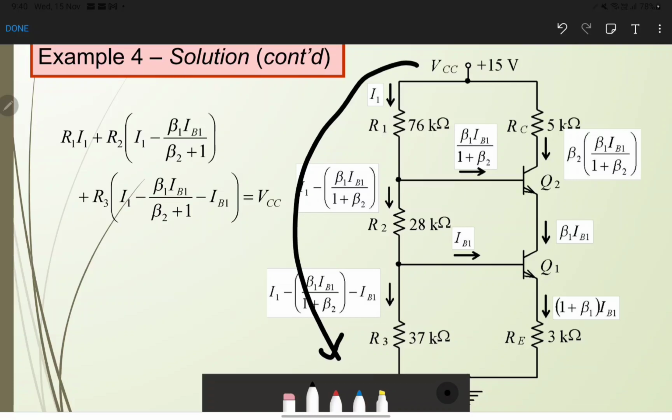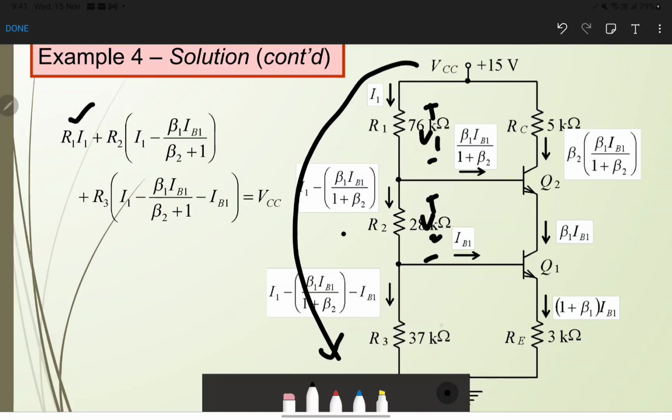For the first equation, we know the voltage drop here is I1 times R1, plus the voltage here is I1 minus beta 1 IB1 over beta 2 plus 1, times R2. So we know the voltage drop here.